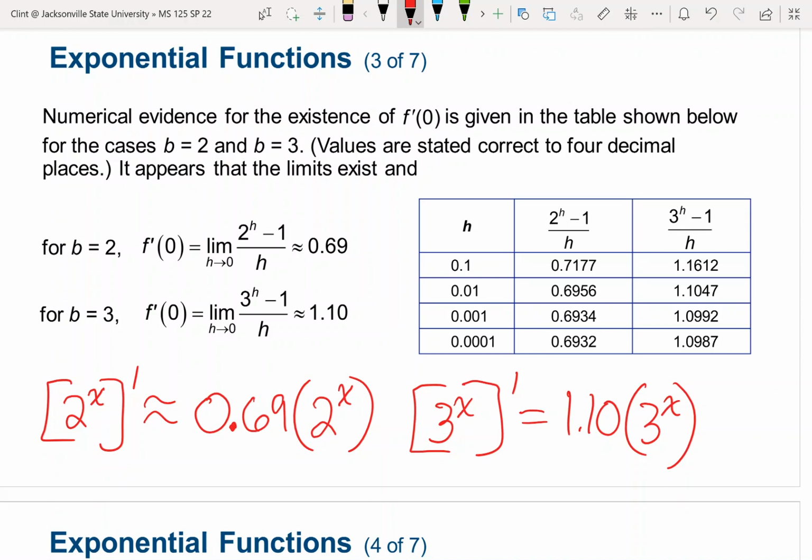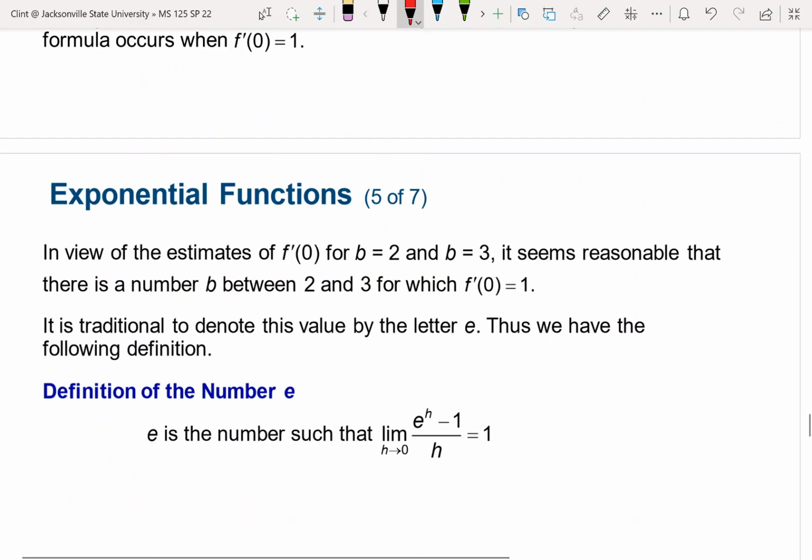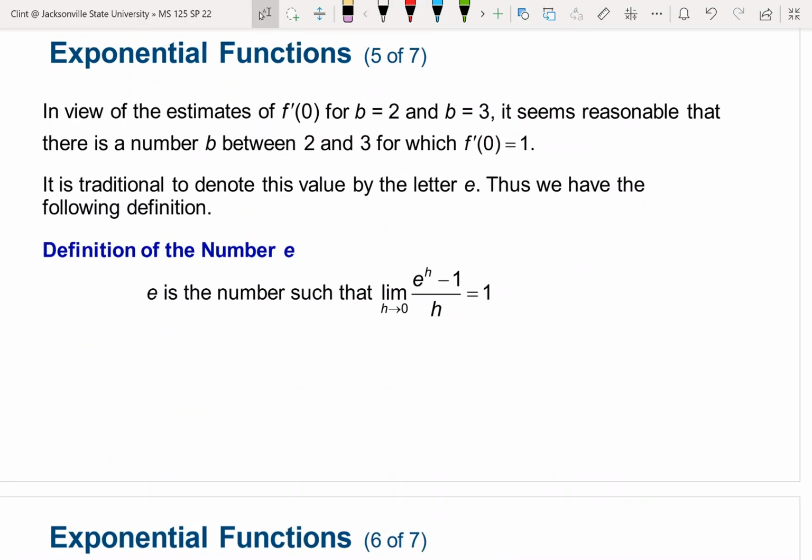But yes, there's another really famous number that's between there, and that's when we deal with e. So that's one way to define the number e. We could define the number e as the number that when we take e to the x, this limit, or f prime at 0, is 1.